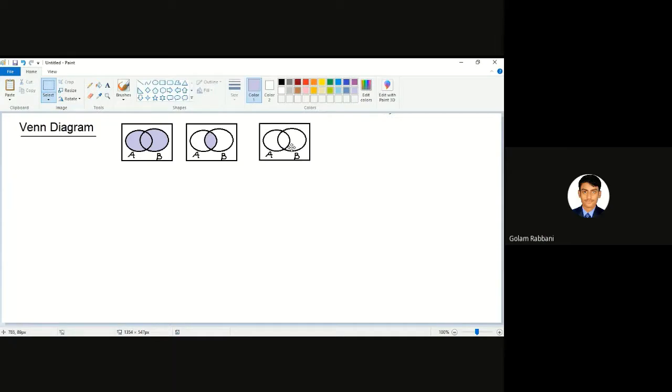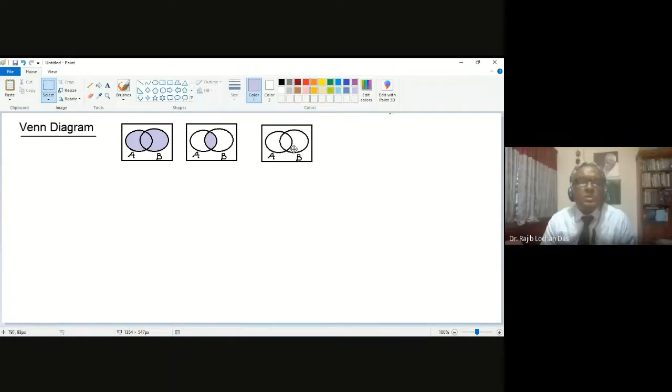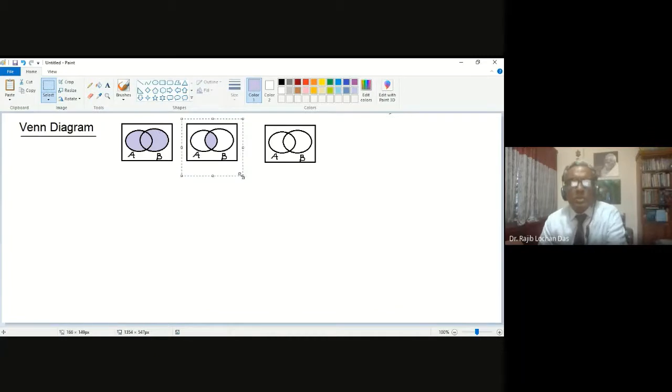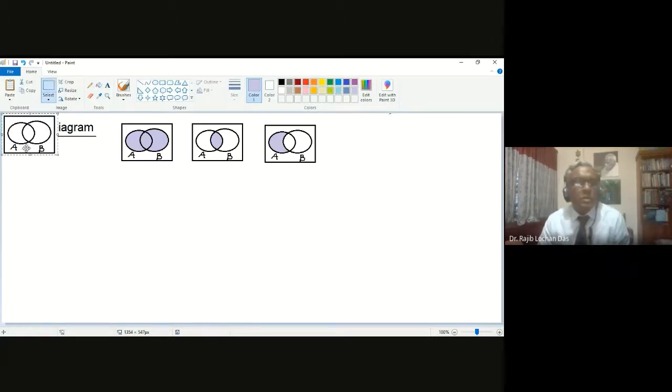Sir, A intersection B. A intersection B. Let me just make some more and then you can take the screenshot. So what will be this thing? A minus B, right?